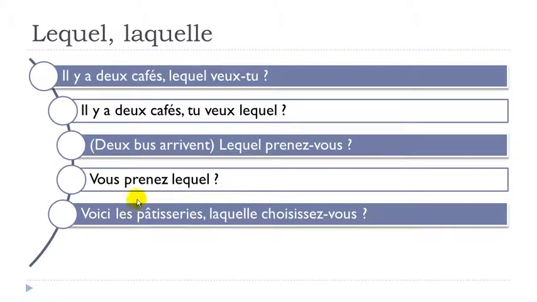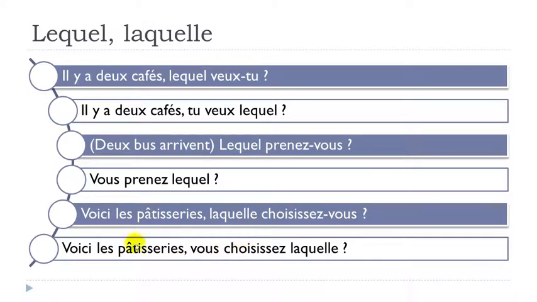And then another example. Voici les pâtisseries. Laquelle choisissez-vous? Okay, choisir, to choose. Voici les pâtisseries. Laquelle choisissez-vous? All right. Same thing here. Voici les pâtisseries.